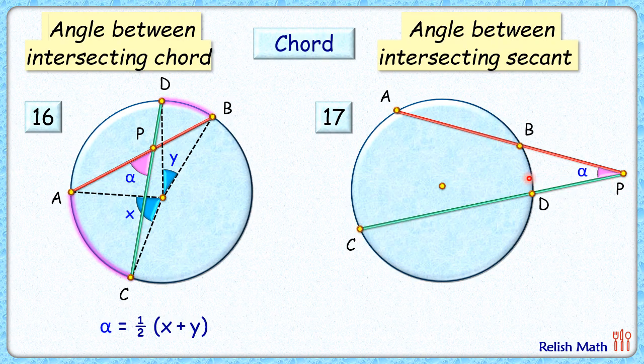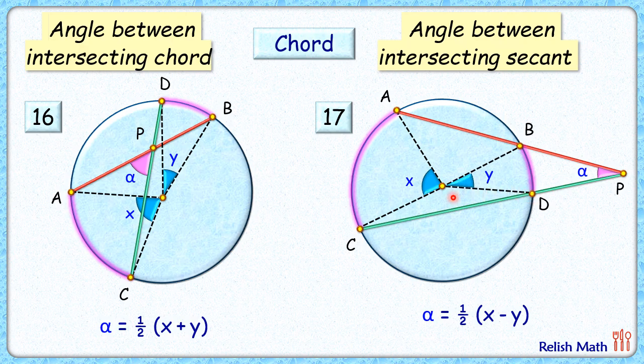In this case, we are not calling it the angle between chords, but the angle between intersecting secants. So in this case, alpha will be half of x minus y. x is the angle made by arc AC at the center of the circle, and y is the angle made by arc BD at the center of the circle. Let's check the next theorem.